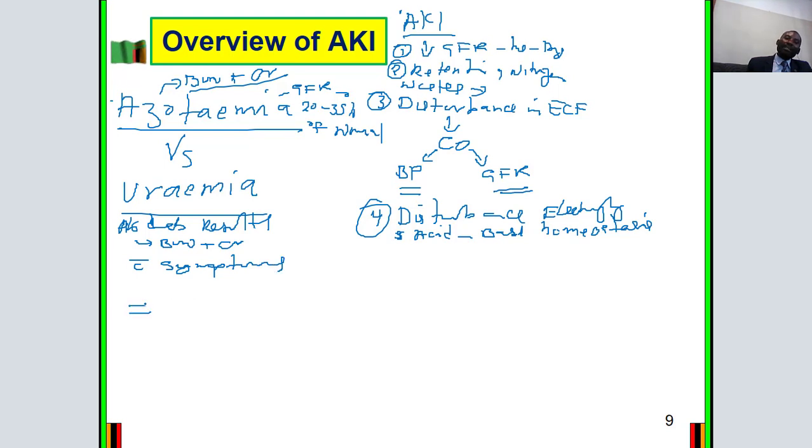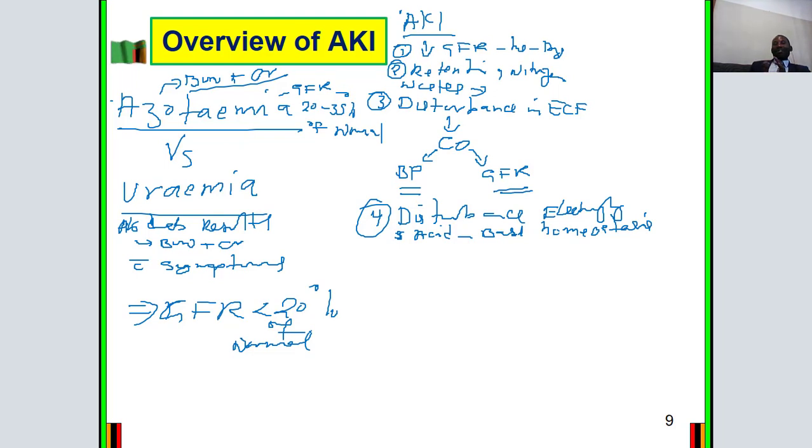And you find that the glomerular filtration rate, very good multiple choice question, is less than 20% of normal. So that's the difference. Uremia is symptomatic plus abnormal lab results. So there will now be signs and symptoms, the features of renal failure present.